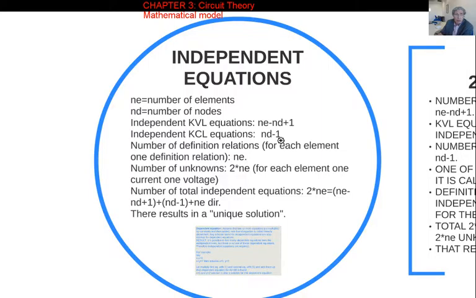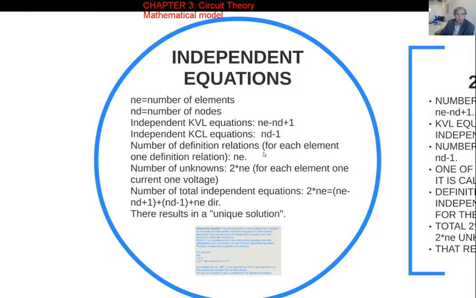As we know, one of the nodes is a dependent node. The current equation written for this dependent node is going to be a dependent equation. This node is called the reference or the ground. So we are not going to write a Kirchhoff current law equation for this ground.